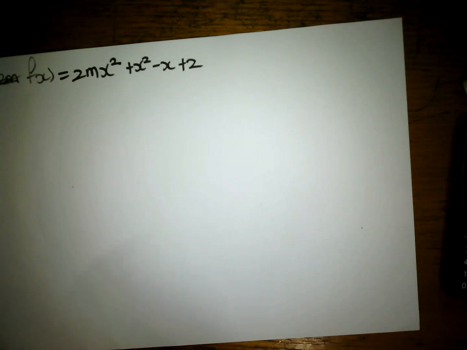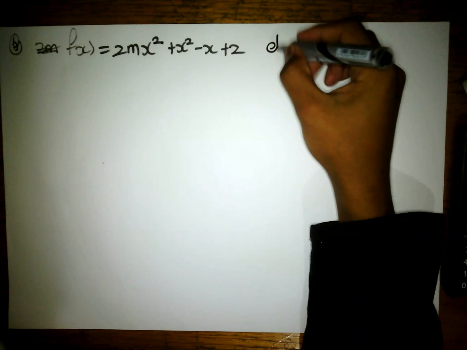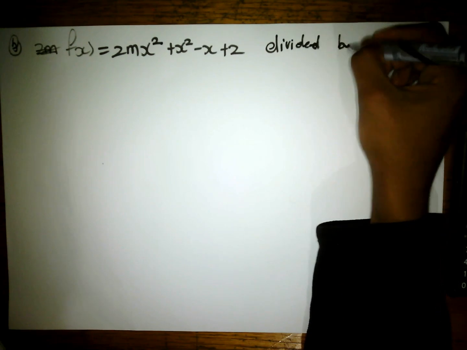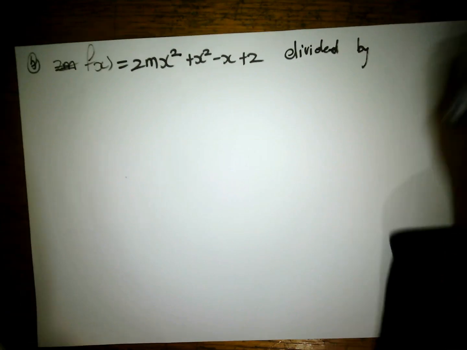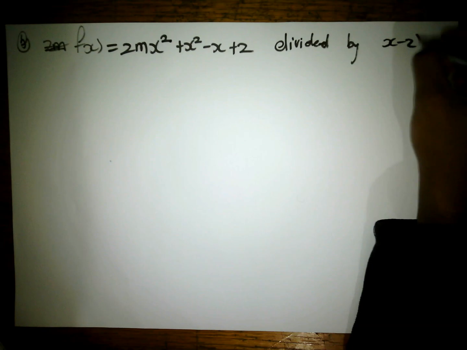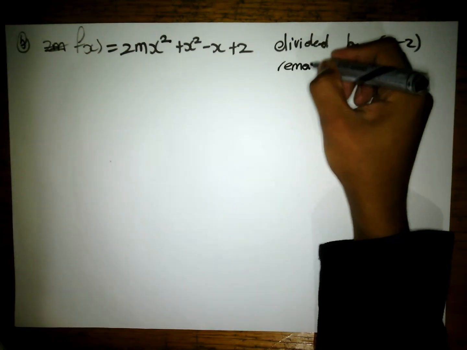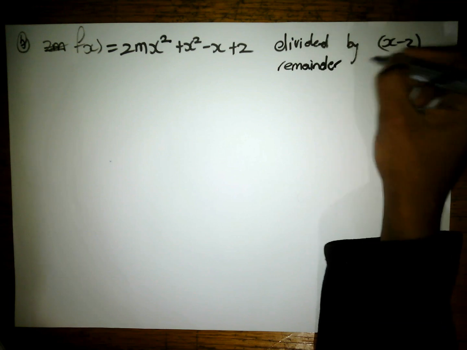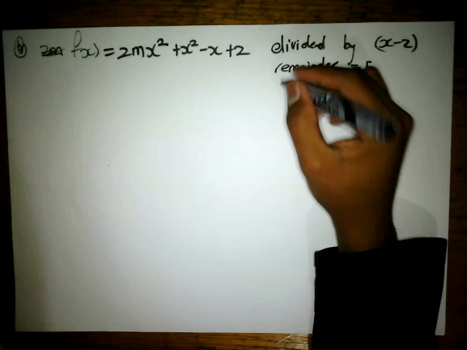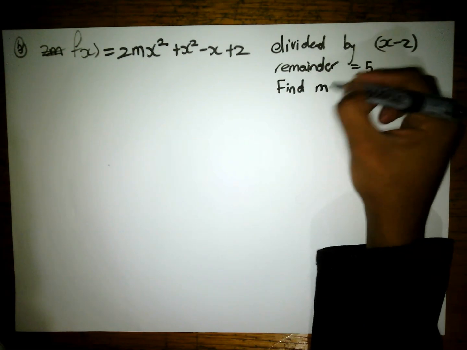Then the question is still saying, this equation is divided by a factor that they give us, x minus 2. There's a remainder of 5, and our mission, our goal, is to find the value of m.